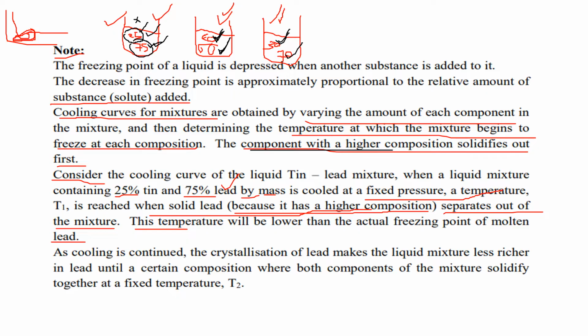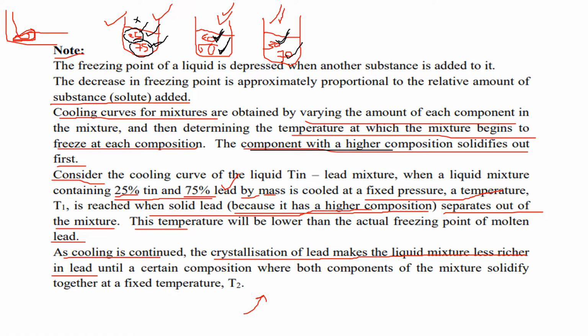We are saying that as cooling is continued, crystallization of lead makes the liquid mixture less rich in lead. What do we mean? When we melted this mixture containing 25% tin and 75% lead and started cooling, the lead started crystallizing out of the mixture.